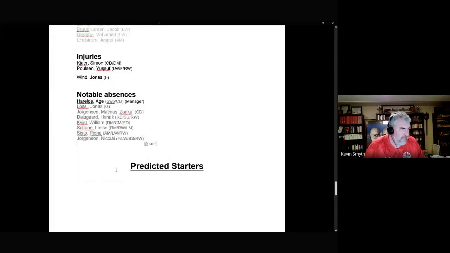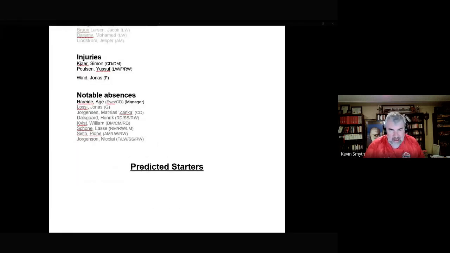And finally, we have Nicolai Jorgensen. I consider him kind of part of their ongoing search for a starting forward. He's unattached right now, still playing at the club level. He's only 31 years old, but has been off the team since June 2019.